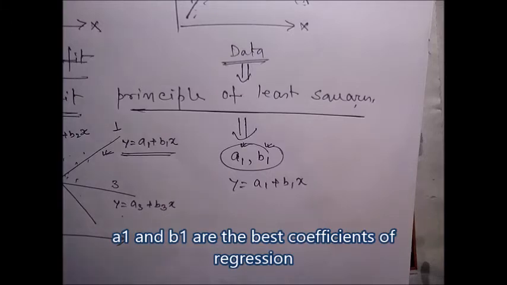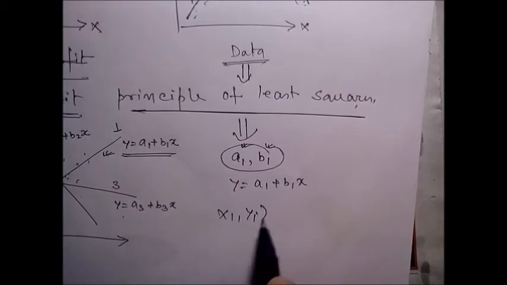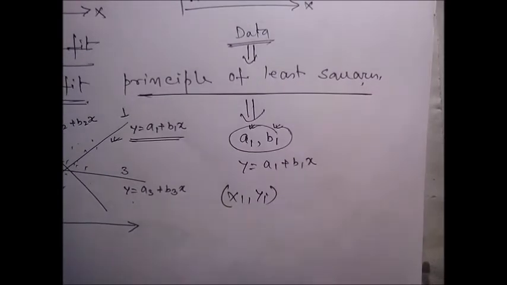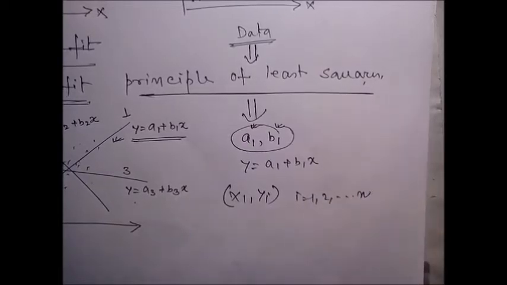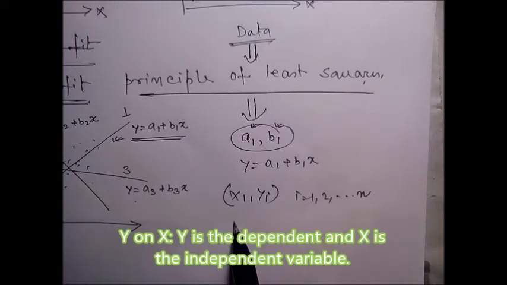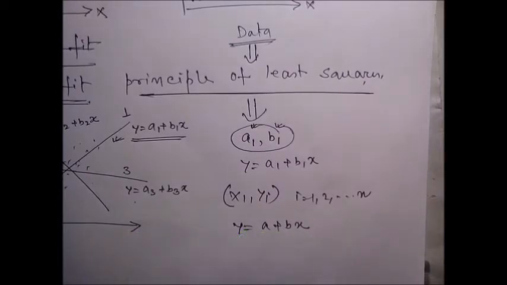So suppose that in the bivariate distribution xi, yi, where i is equal to 1 to n, and y is the dependent variable and x is the independent variable, let the line of regression of y on x be y is equal to a plus bx. So the problem is to determine a and b so that the line is the line of best fit. Clear?